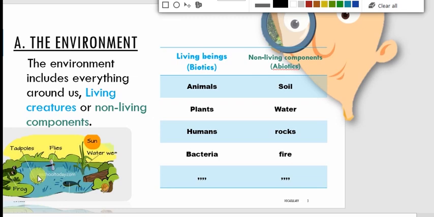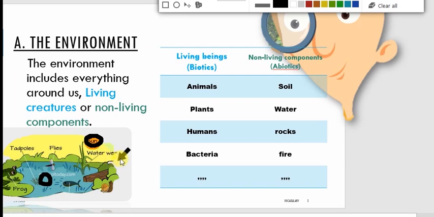presentation of the environment. So this is an environment. And also we have non-living components like soil, like water, like rocks, like fire. These are non-living, okay? This is the water, there's the sun. The sun is a non-living being. We have also the rocks, inside the water, under the water.